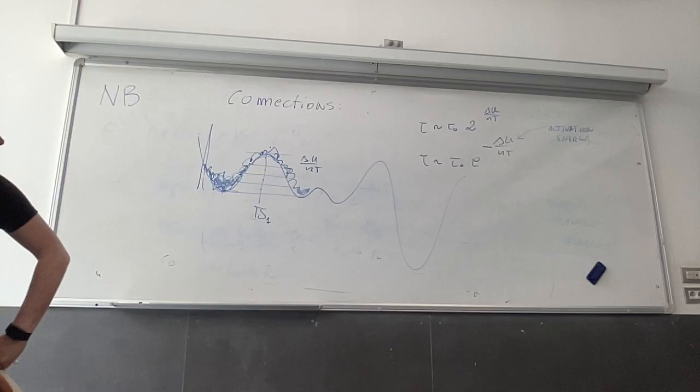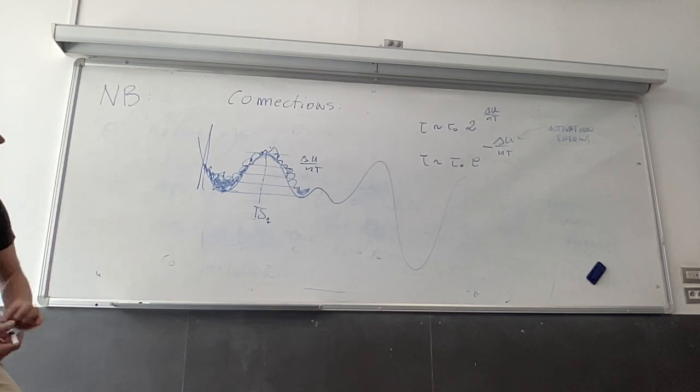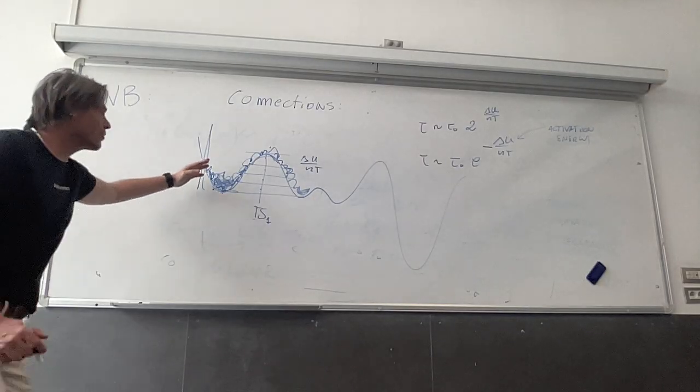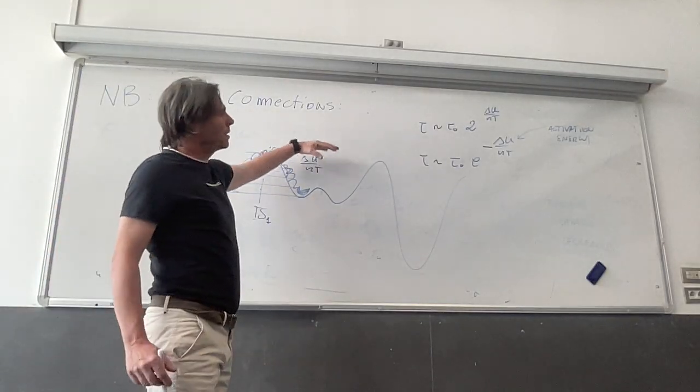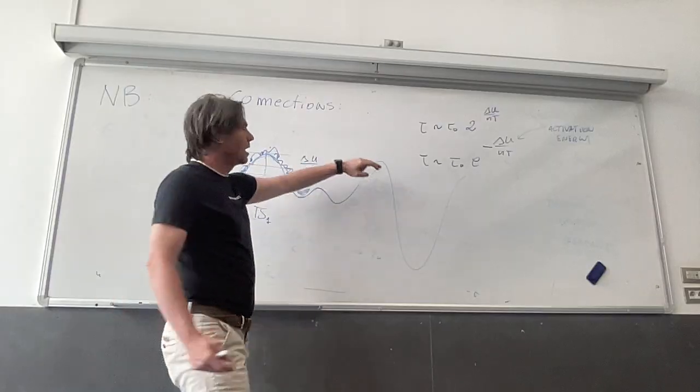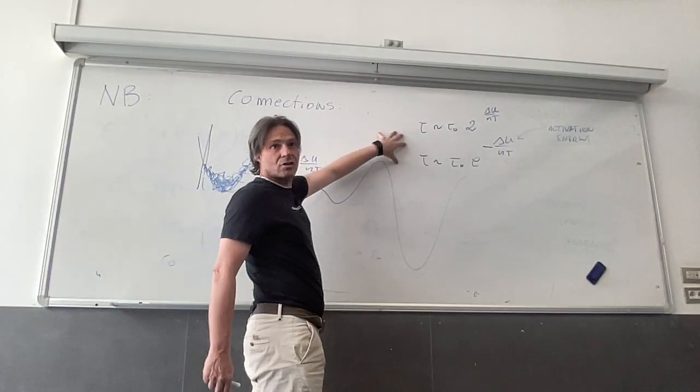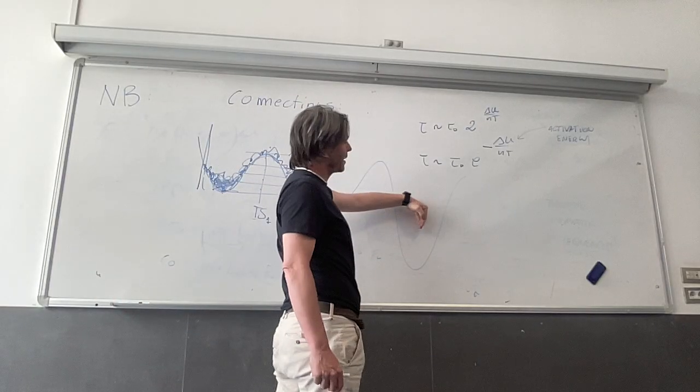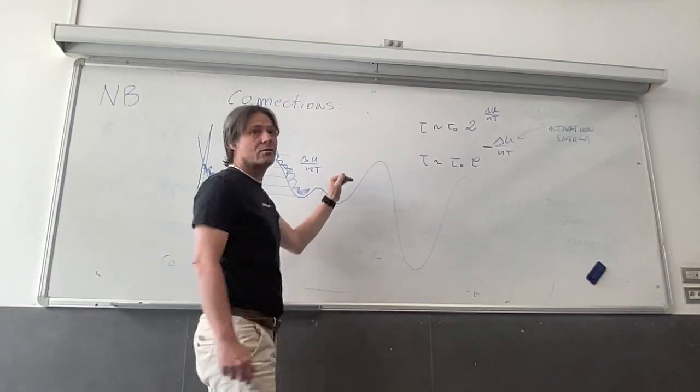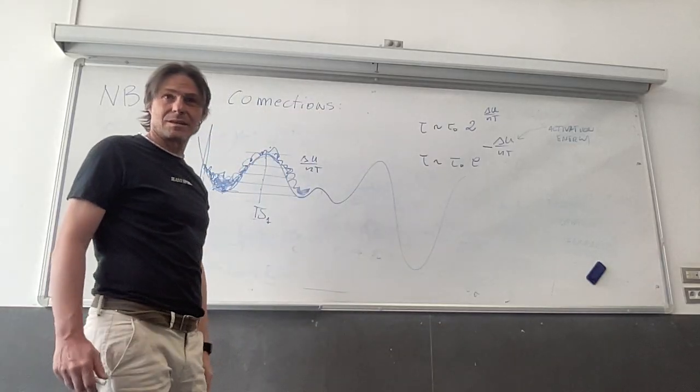What I want to say is that every barrier crossing will take activation energies that are exponential. So for instance, this barrier crossing will take a time that is very different from this, for instance. Right?